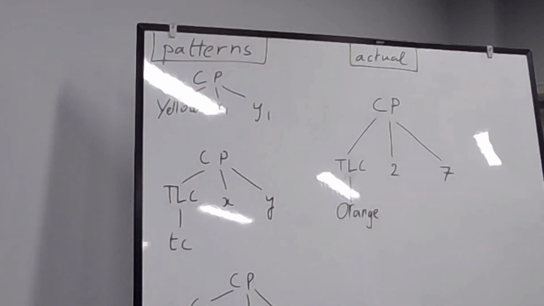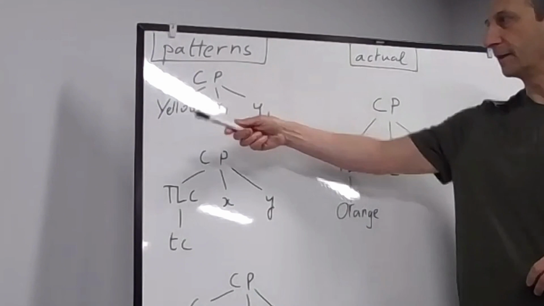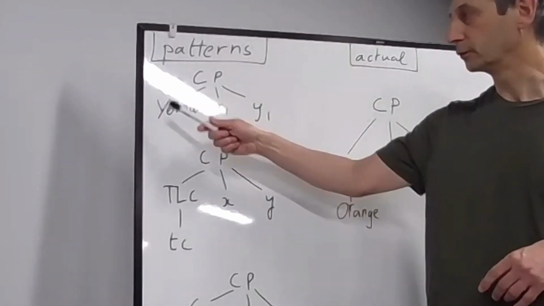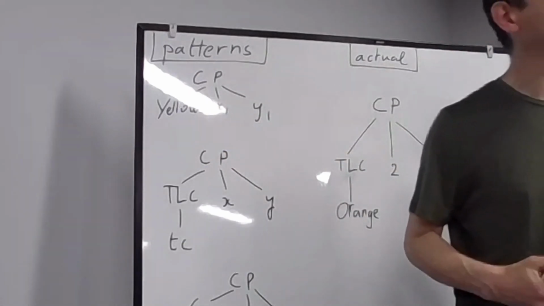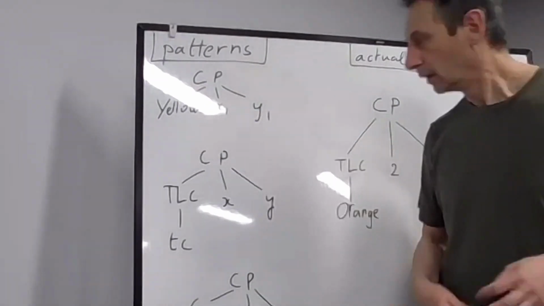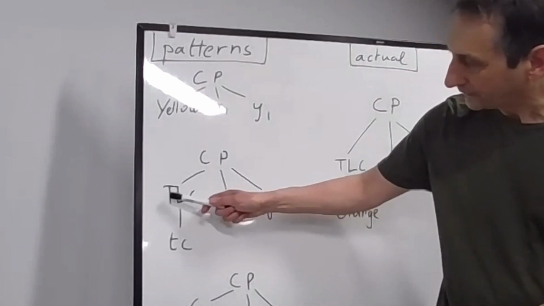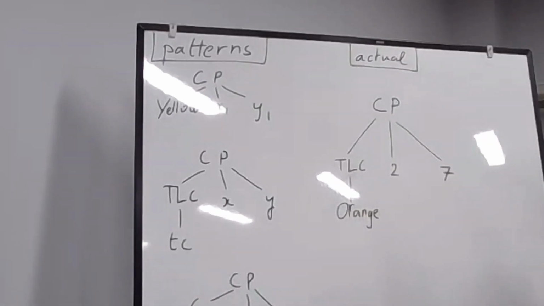Okay, so we provided two inductive types, one for colored points with only one constructor called CP with three components. The first component was a color, which could be itself either a new color like yellow or an old color, a traffic color with a hat called TLC, or another color called gray with a natural number.